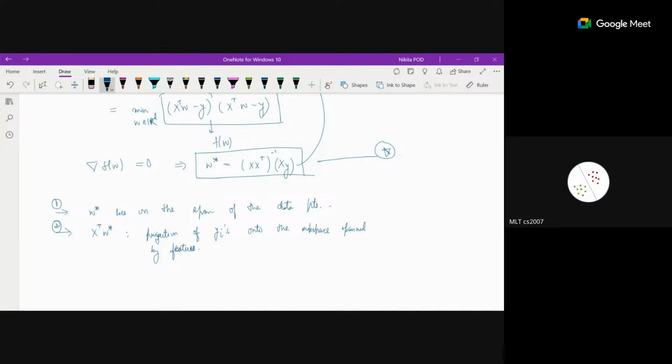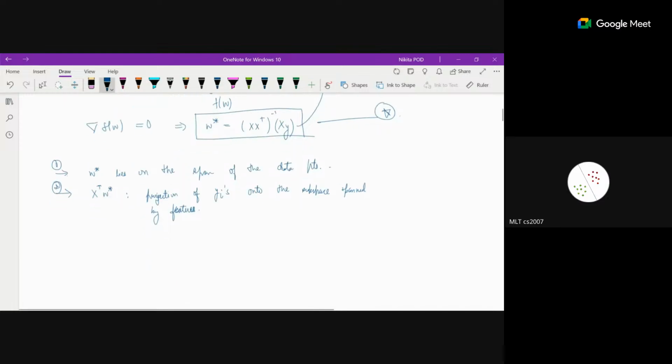Right. So what is our feature vector here? We have X transpose, right? And how did the X transpose look like? If you have, let's say, F1, F2, and so on.